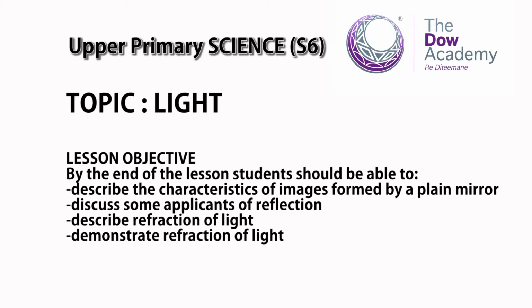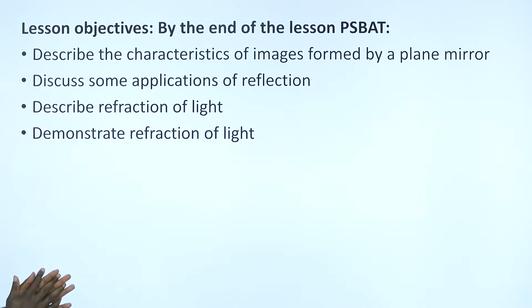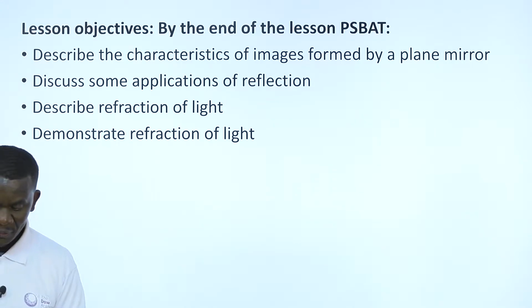At the end of the lesson, pupils should be able to: 1, describe the characteristics of images formed by a plane mirror; 2, discuss some applications of reflection; 3, describe refraction of light; and 4, demonstrate diffraction. These are our lesson objectives for today.